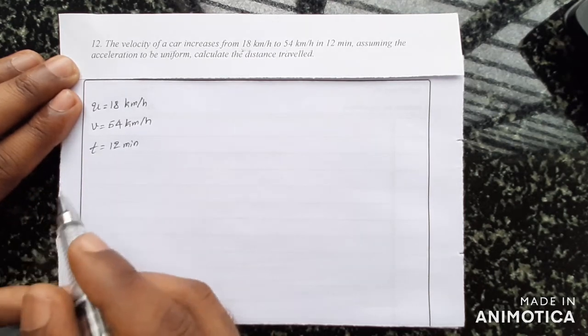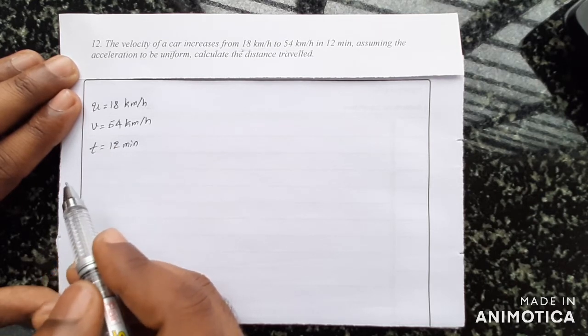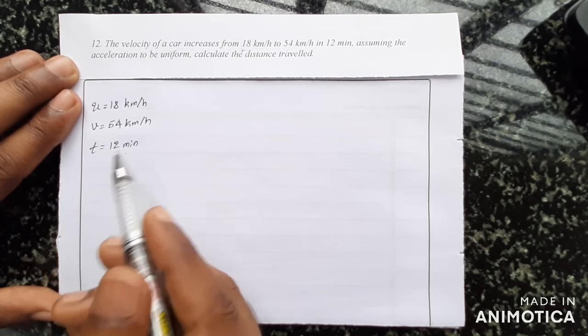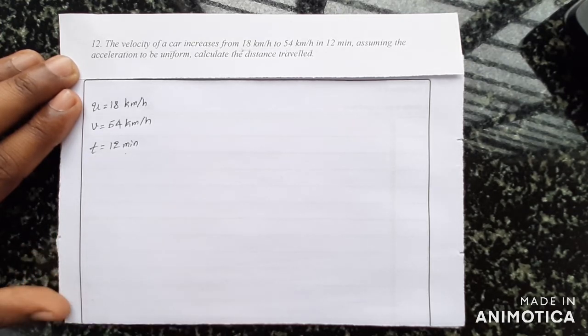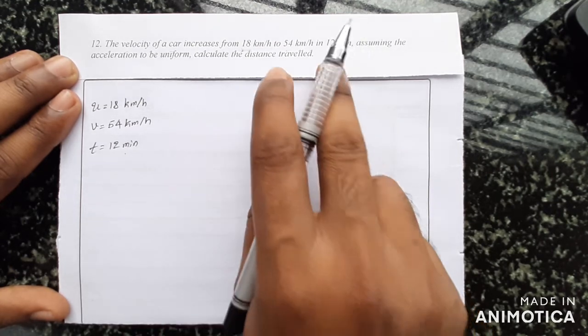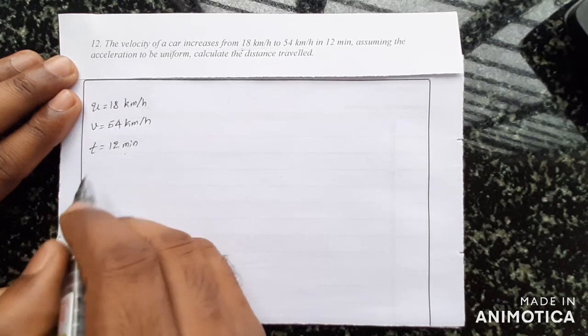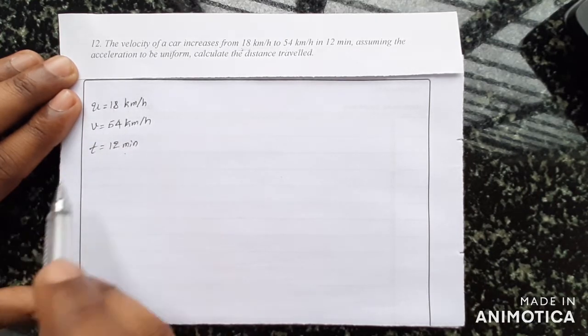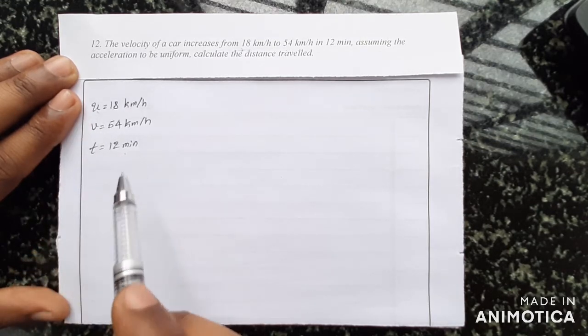Okay, normally it won't take this much time, this might be seconds, but yeah, fine. Even if they give minutes, we should be able to solve, because this will become 720 seconds. Let me solve it as it is, no problem. I'll convert it into seconds, and I should convert velocities into meter per second also. Okay, first let me write the data.